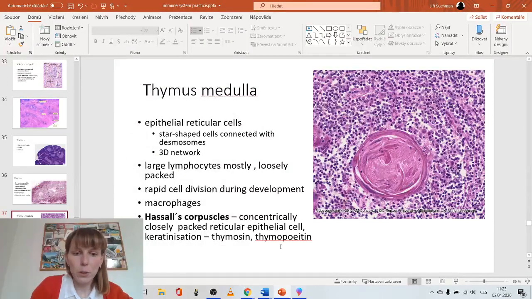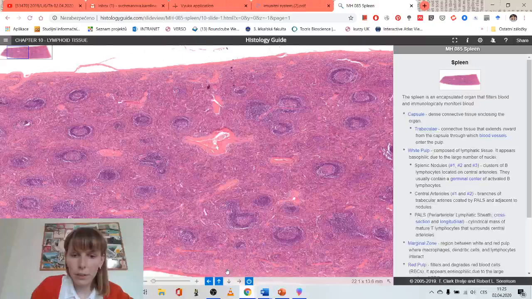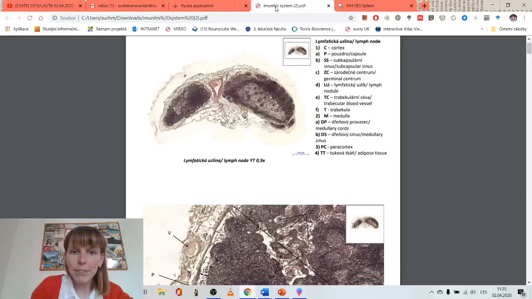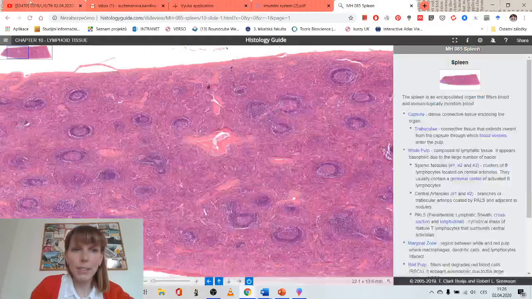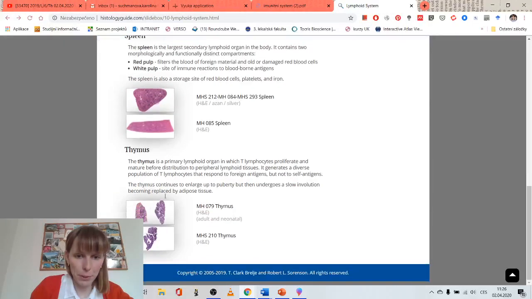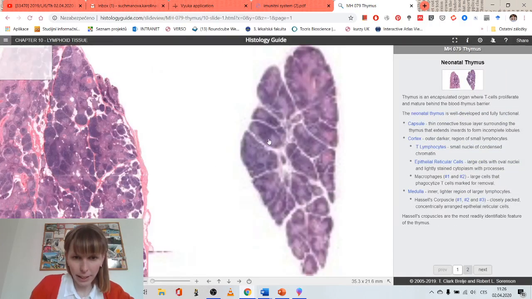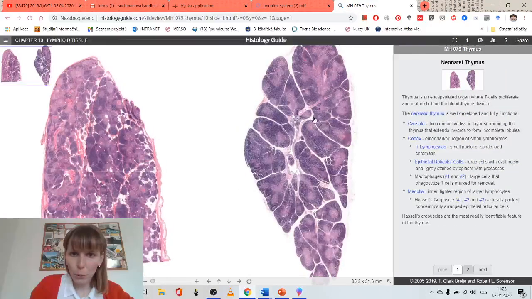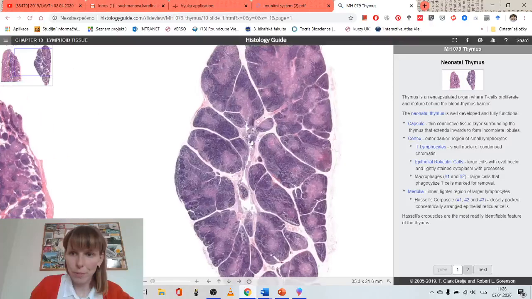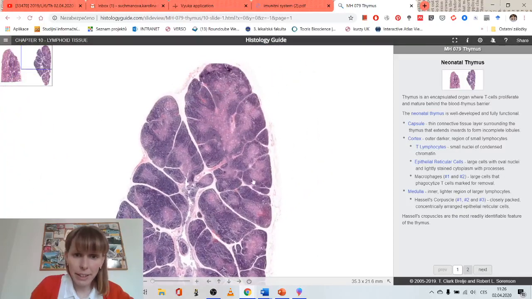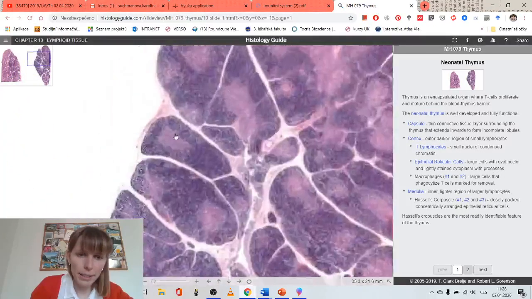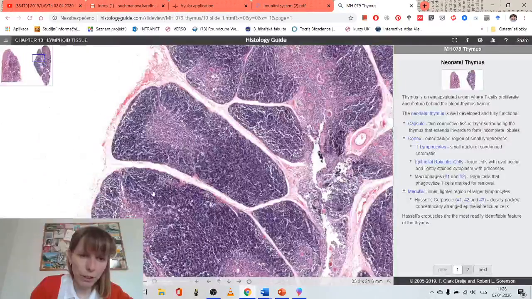And so let's take a look, before part of you have to leave, at the thymus. Here we even have adult and neonatal thymus for comparison, and we want to focus on the neonatal thymus, which is the one that's still fully functioning.